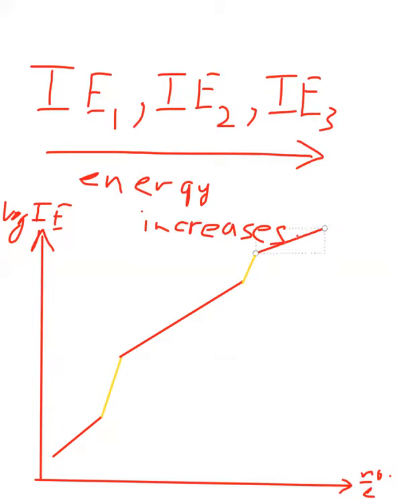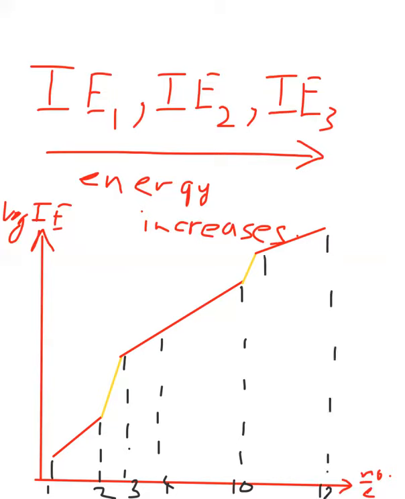Now, what is happening over here is that this is the first electron. Then here is the second electron. And then third, fourth. Over here, we have the 10th electron. And then this is the 12th electron.